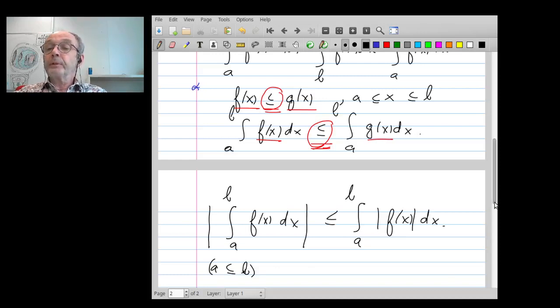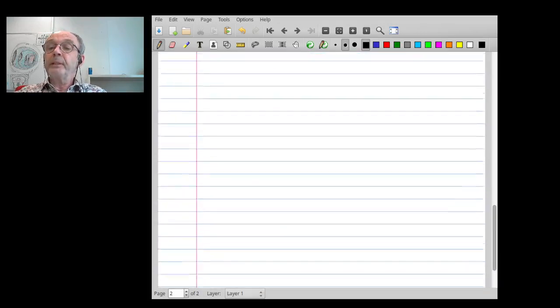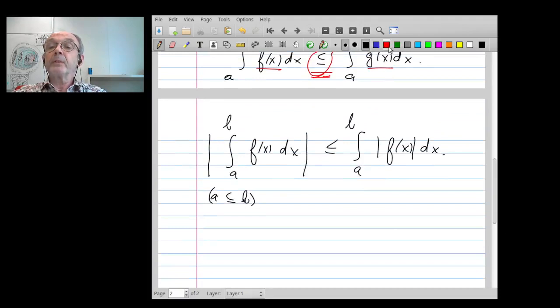It is of importance that a is less or equal to b, because if you change the order of integration, you get a minus sign. On the left-hand side you have the absolute value, so that is a positive value, and that always has to be less or equal to some positive and not to some negative value. Then we are not going well. Then we have problems.